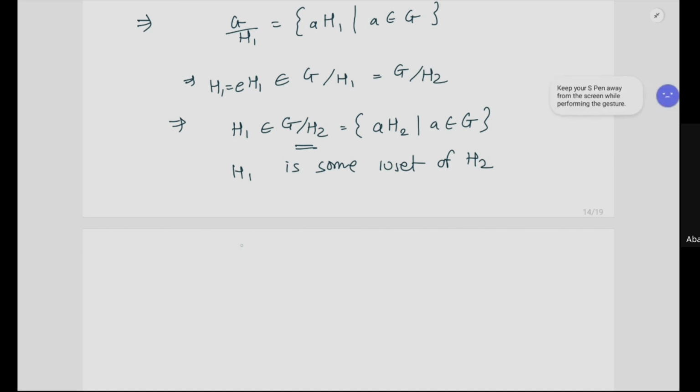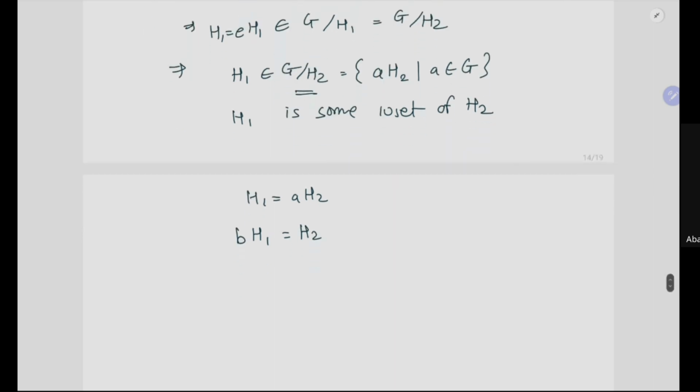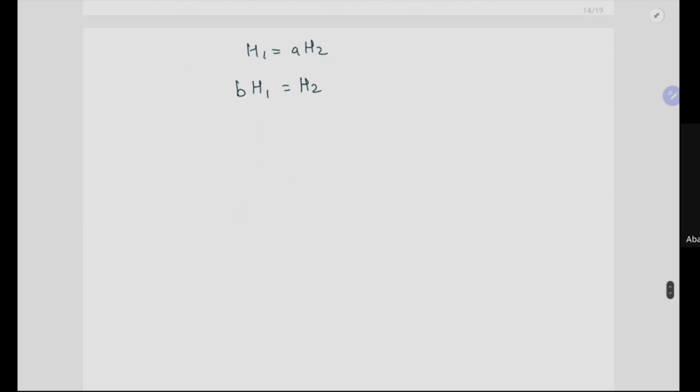You mean H1 is equal to AH2, and then H2 equals BH1. Yes. Okay, and using this, what can we say?